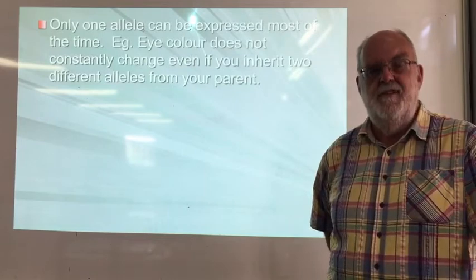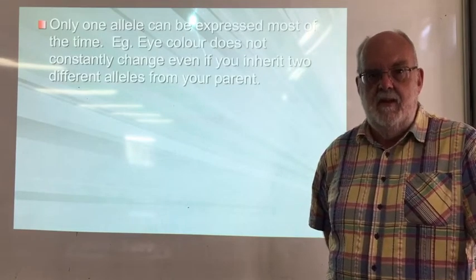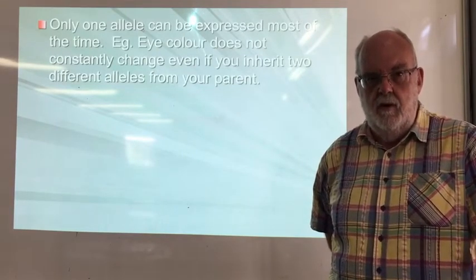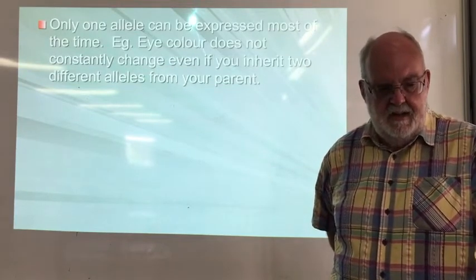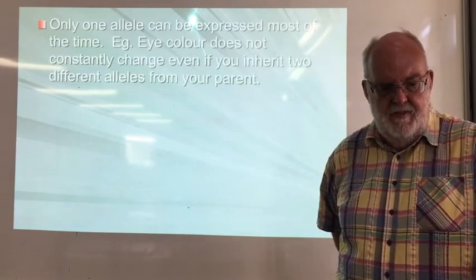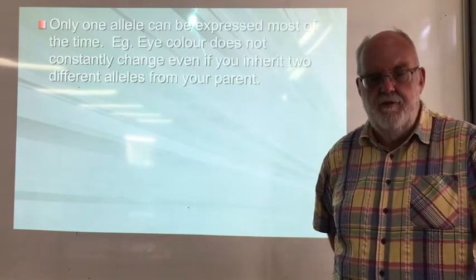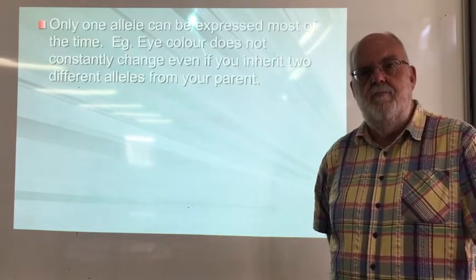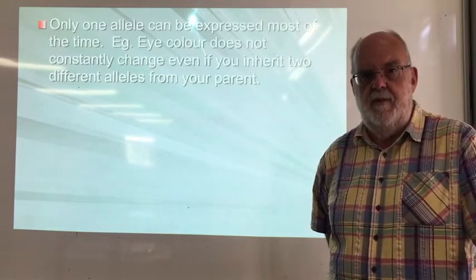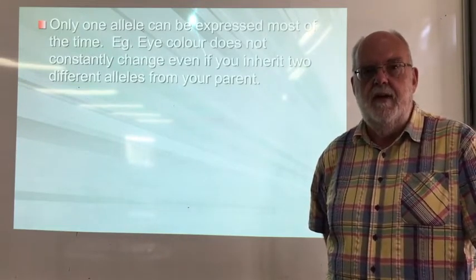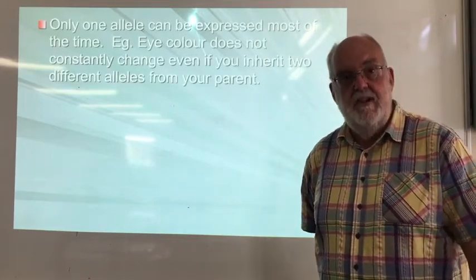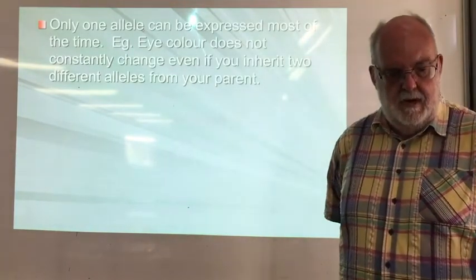The majority of inheritance is where an allele is either exposed in one way or expressed in another. So, for example, here we're saying eye colour doesn't constantly change even if you inherit two different alleles from your parents. So you may inherit the blue allele from your father and the brown allele from your mother, but your eyes are either blue or brown. You don't get shades in between. There are exceptions to that rule, which we'll talk about a bit later on.